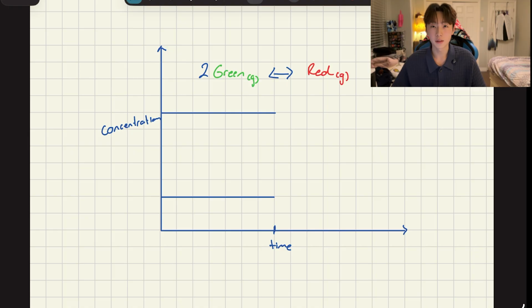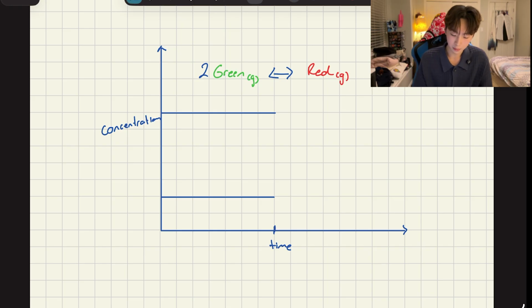Now let's look at what happens when we change the pressure or volume for an equilibrium involving gases. So in this example, I have two green gases, and that's in equilibrium with one red gas. And at time A, let's say the volume of the container was decreased.